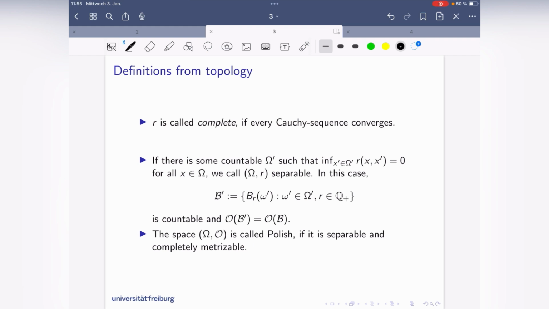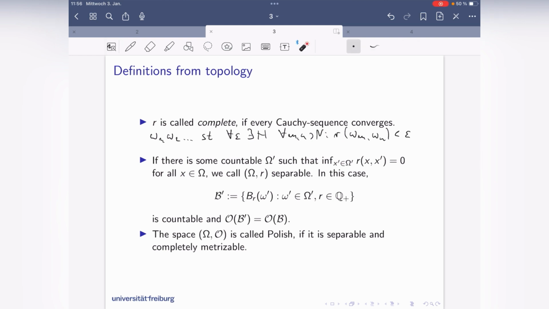A Cauchy sequence is a sequence omega 1, omega 2, and so on, such that for all epsilon there exists an N, such that for all m and n bigger than N, the distance of omega m and omega n is smaller than epsilon.